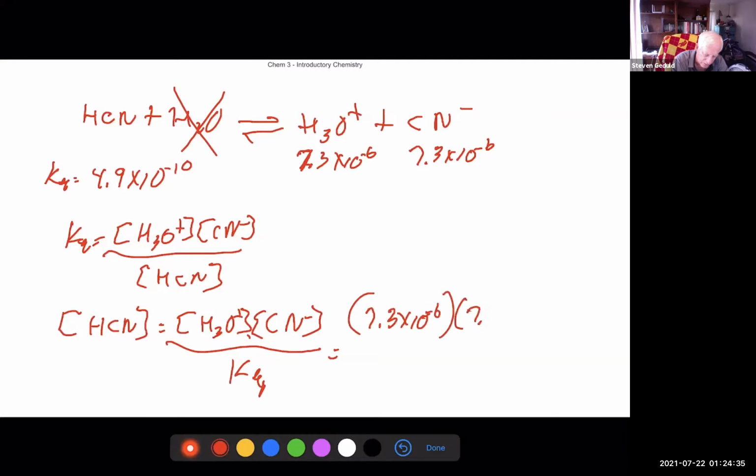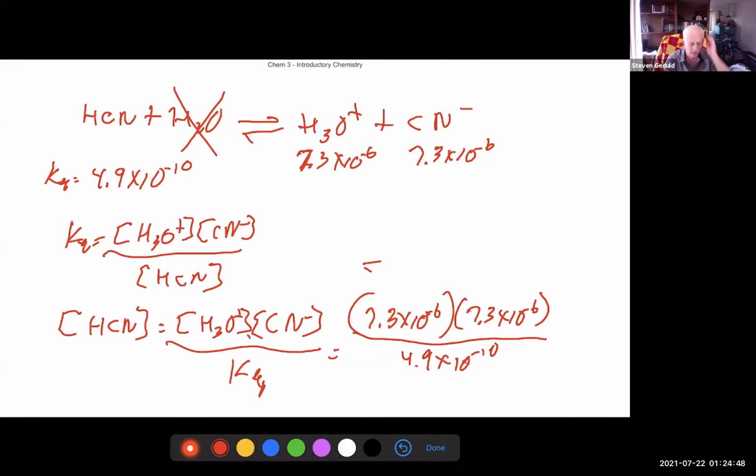Times 7.3 times 10 to the minus 6 divided by the equilibrium constant, which is 4.9 times 10 to the negative 10. All right, and we get our calculator. I think we learned how to do that last time on our calculators by turning it sideways.